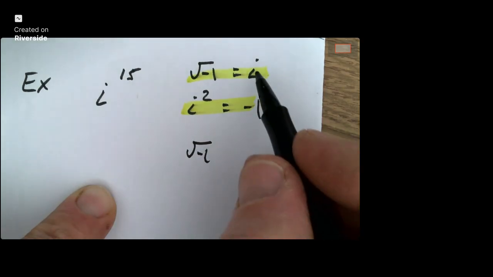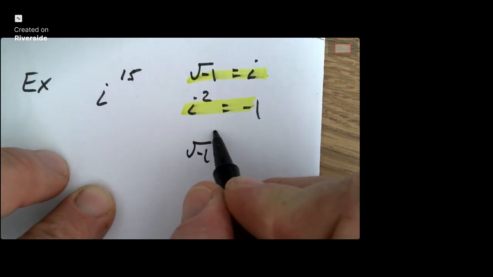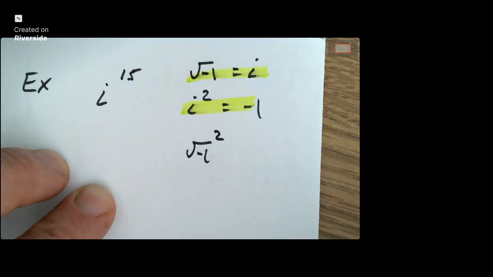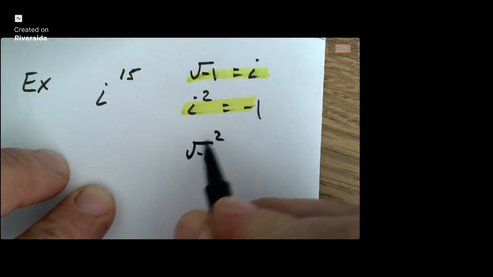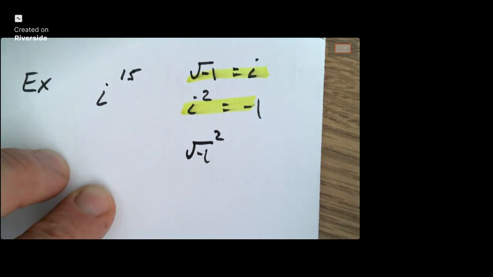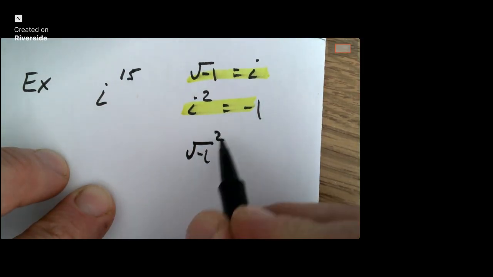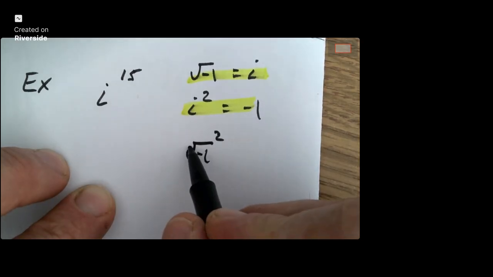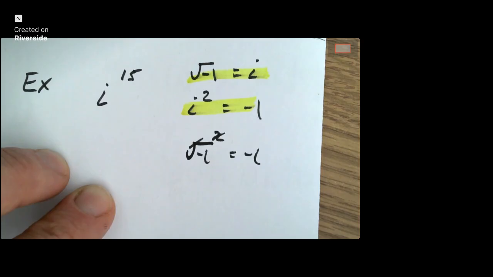If we take i and replace it with this, and square it, squaring a square root, these two operations are inverse operations of each other. So if you ever square something that's being square rooted, those cancel out, and that just leaves us with -1. So that's why i squared equals -1.